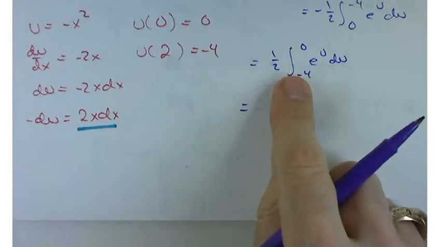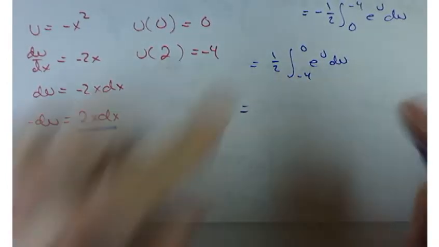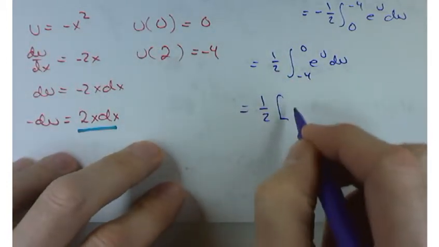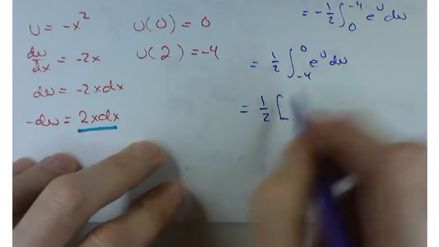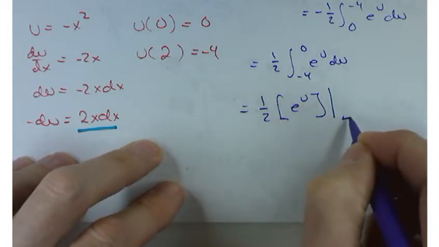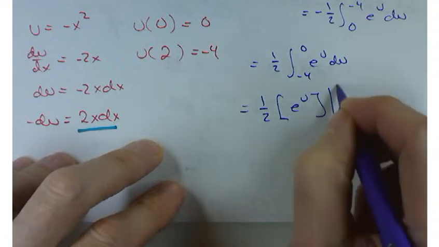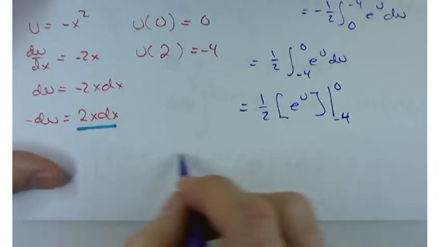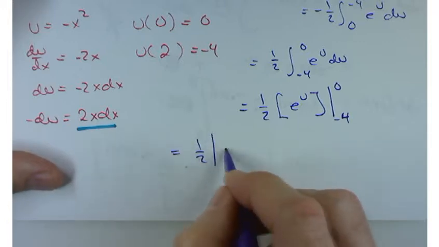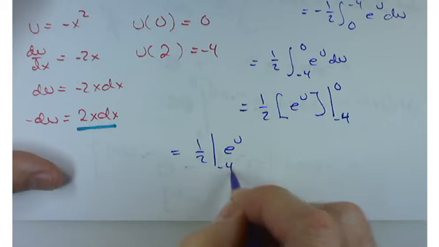As far as this one's concerned, what's the antiderivative of e to the u? e to the u, right? Between negative 4 and 0. And let me write it like this: 1/2 e to the u, negative 4 and 0.